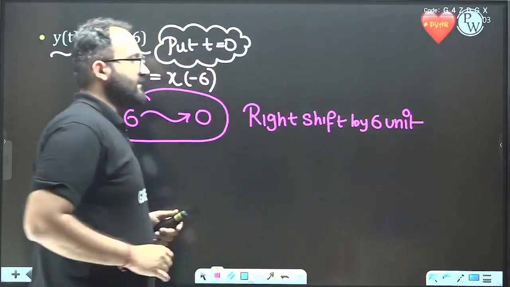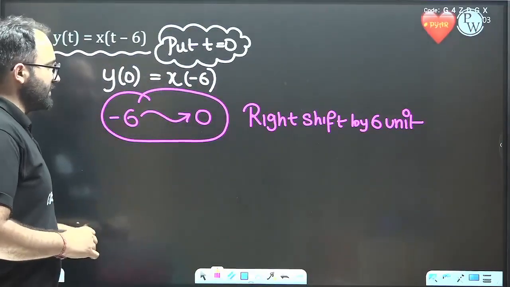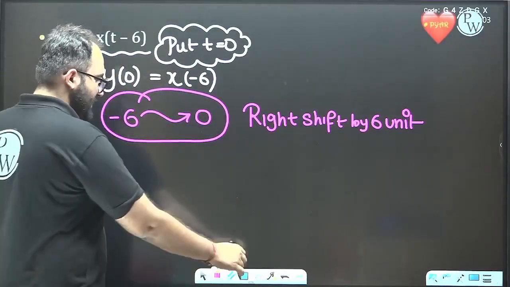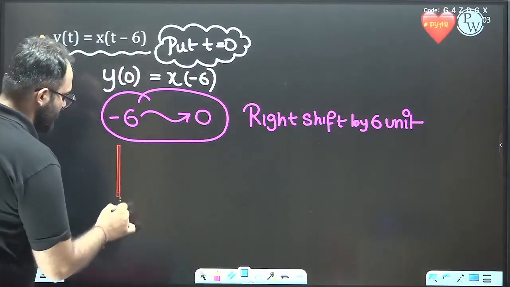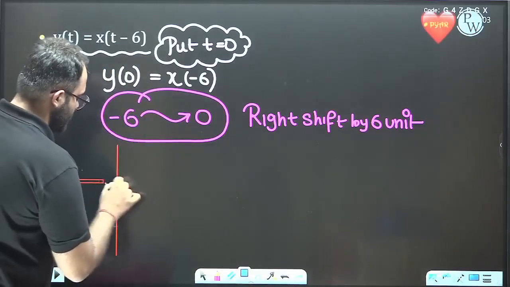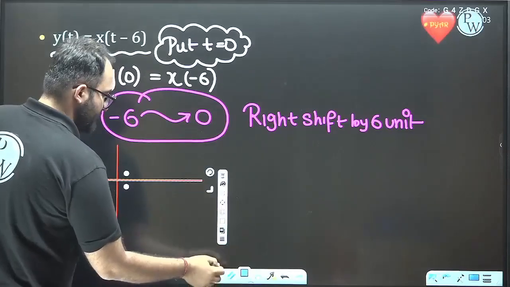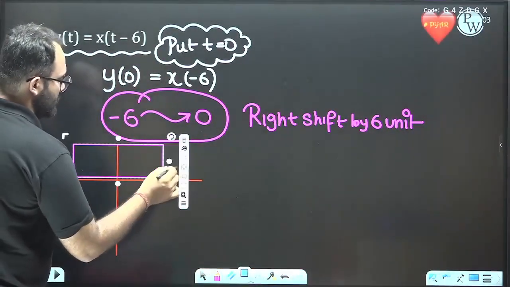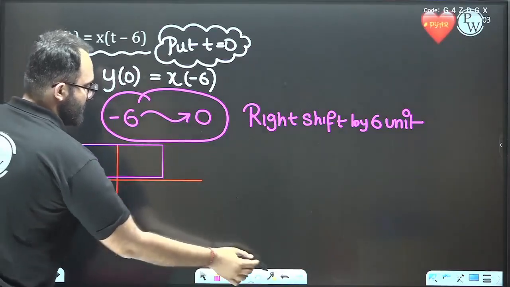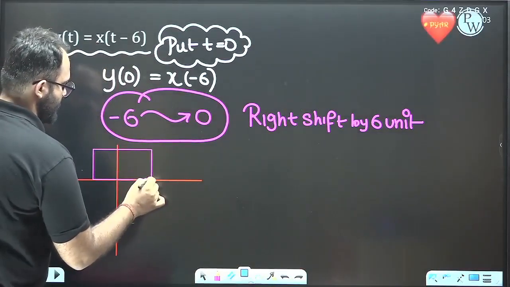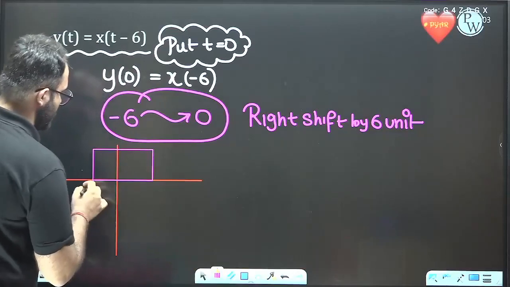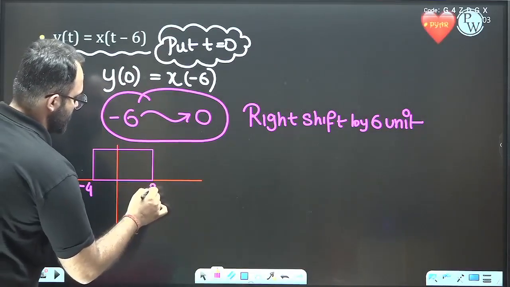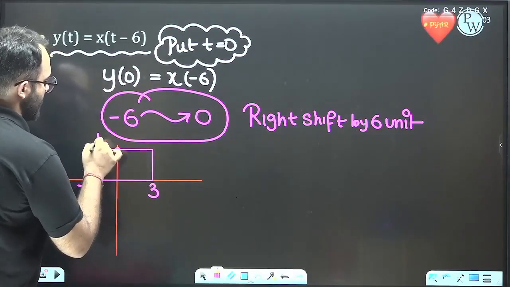Okay, right shift by 6 units. This is what it is. Any example? We can take any example. Suppose we have a signal which is from minus 4 to 3, with height a.